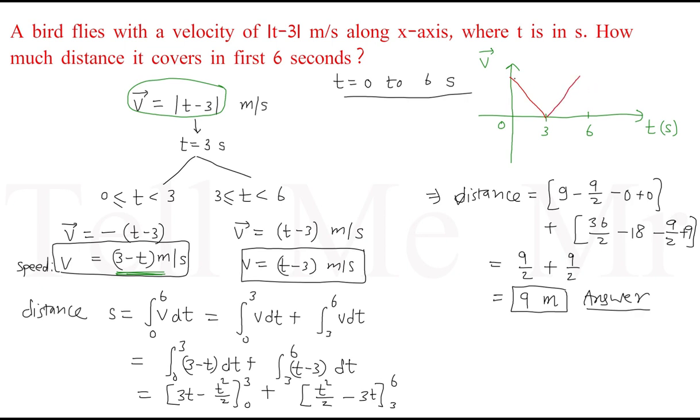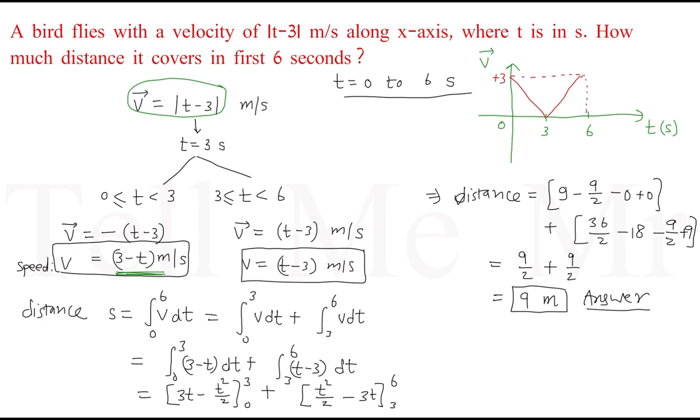And what will be the velocity at t equal to 0? It will be mod of minus 3, so it will be 3 because it is modulus, so plus 3 meters per second. And at t equal to 6, 6 minus 3 is again 3 meters per second. So it will be 3 meters per second at t equal to 0 as well as at t equal to 6 seconds. So this is the graph of the velocity.